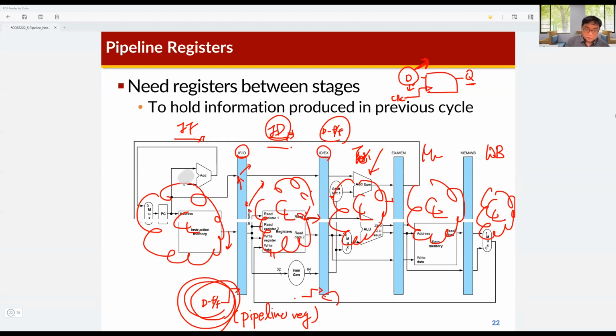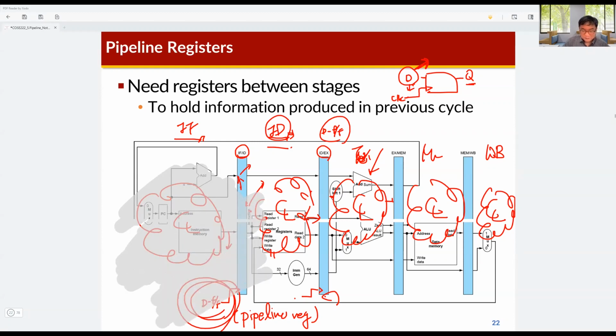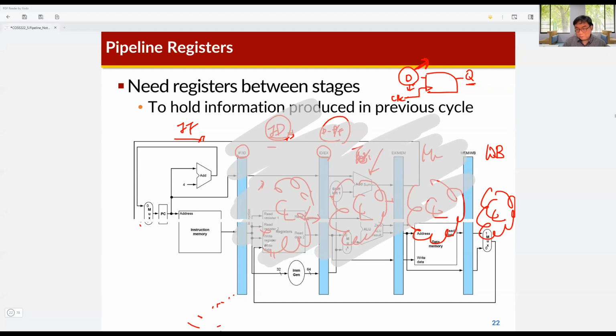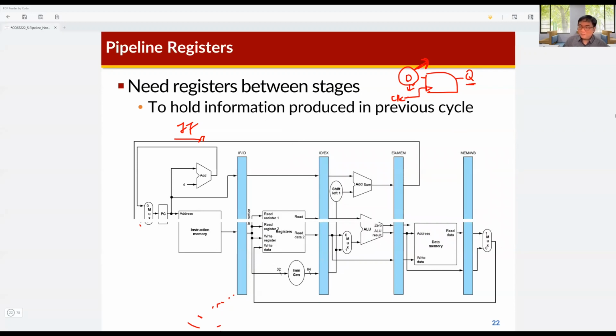Okay, so how can you build a pipeline processor based on the single cycle processor?